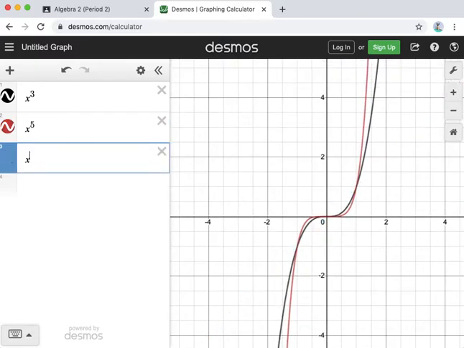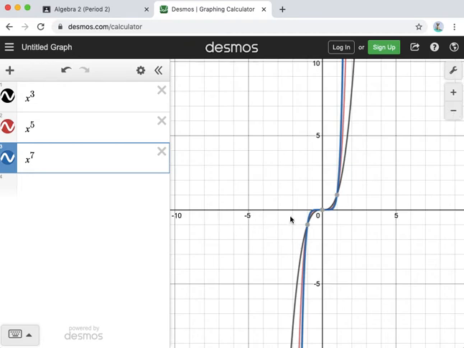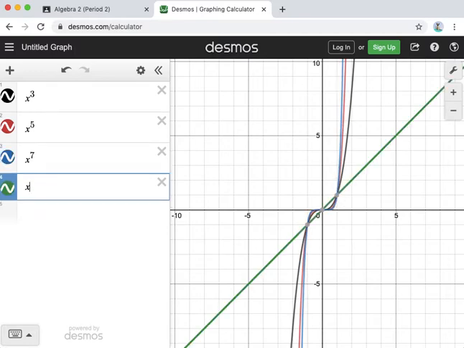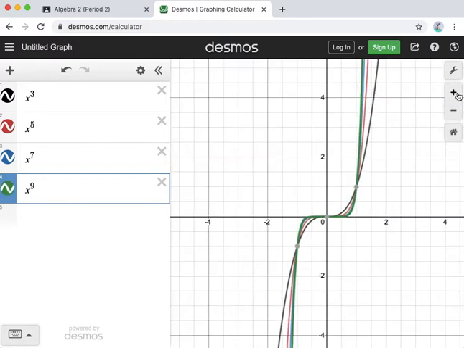And then if you have x to the seventh, you can see, and again, all of them have in common (-1, -1), (0, 0), and (1, 1). But other than that, you see the graph start to get more narrow, flatter in this region with a different kind of curve, and then it becomes more narrow as you go forward. If we were to be curious, again, we could type in x to the ninth, and you see the same kind of narrowing occur.